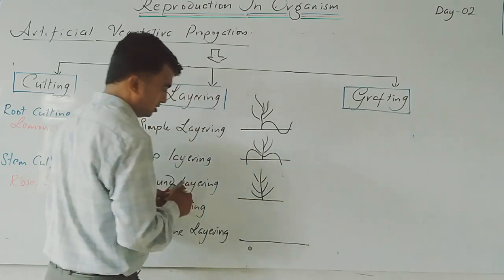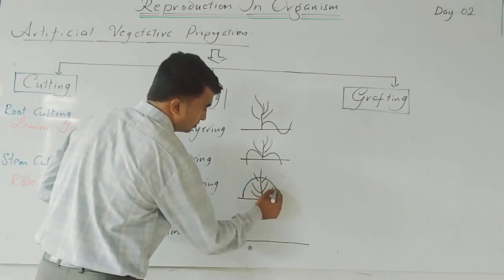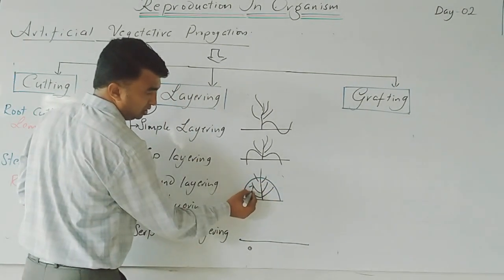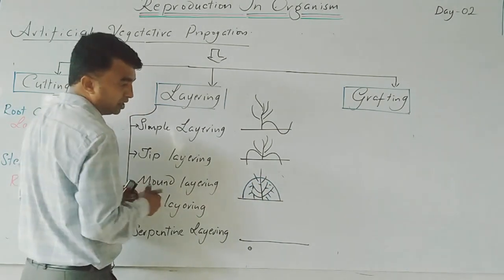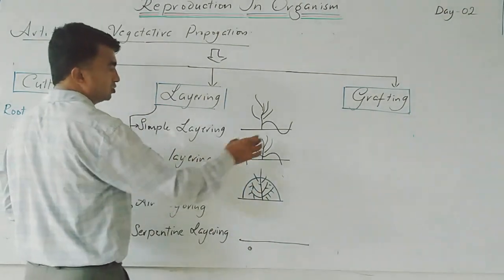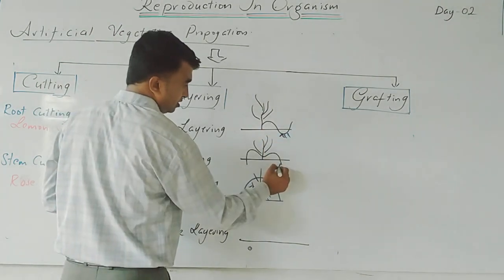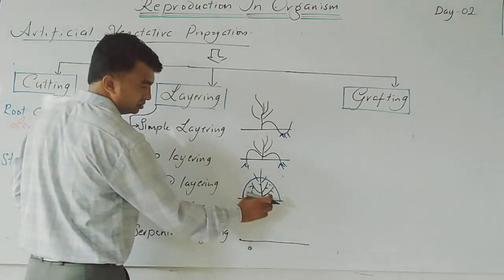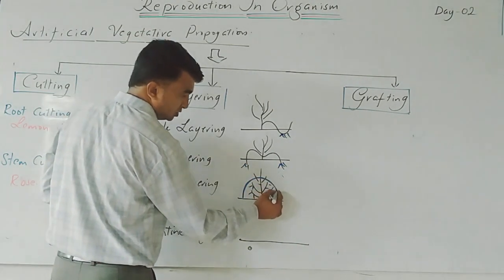Up to a certain extent soil is buried here. In the lower portion, they put soil, so roots grow all around here. Then these segments are cut and used as vegetative propagates. So this is simple layering, this is tip layering, and this is mound layering. Complete means almost half the portion of the plant is covered by the soil mound.